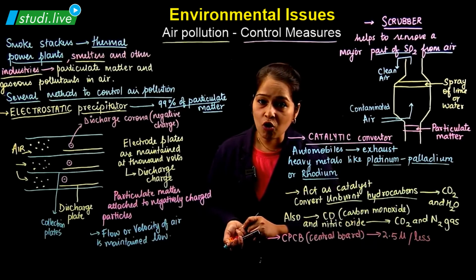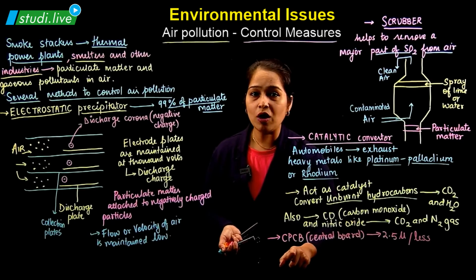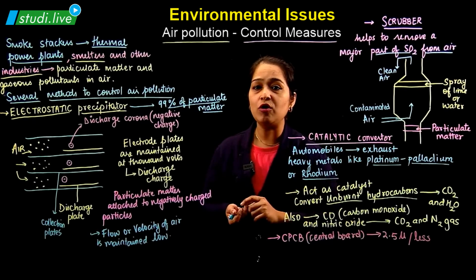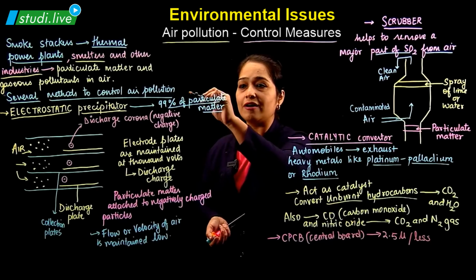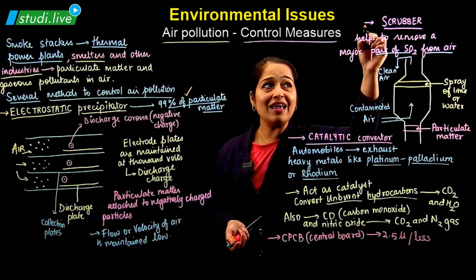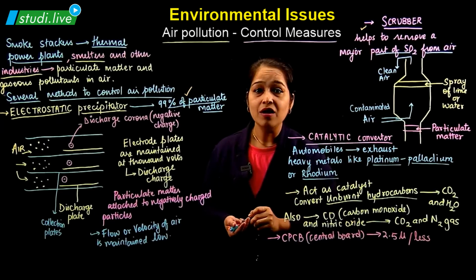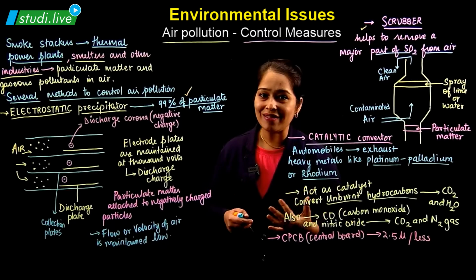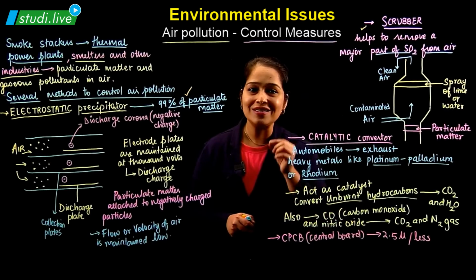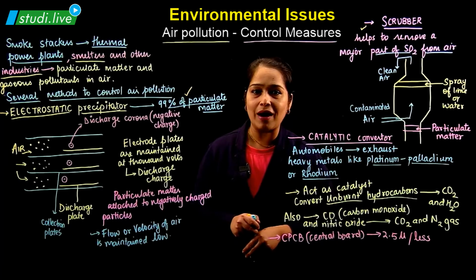Such small particulate matter cannot be removed by the electrostatic precipitator, and cannot be removed by the scrubber. So new, more efficient methods are required to remove such small size particulate matter.